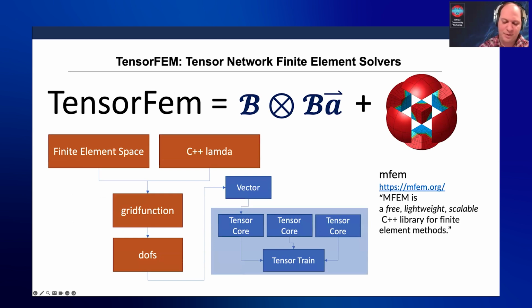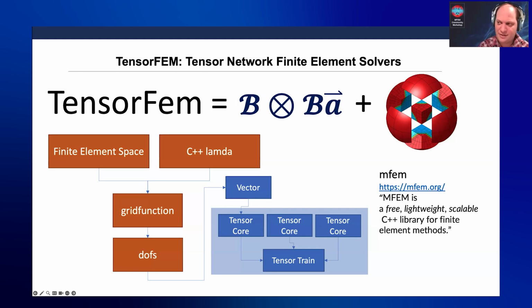You could just pull an MFEM example and start doing this. You can define a function with a lambda that gives you a grid function. Then you can get the degrees of freedom from the grid function, and with that, you can write that to a BoBa vector. That's what TensorFEM does: it takes a finite element space and a lambda and writes out the BoBa vector.